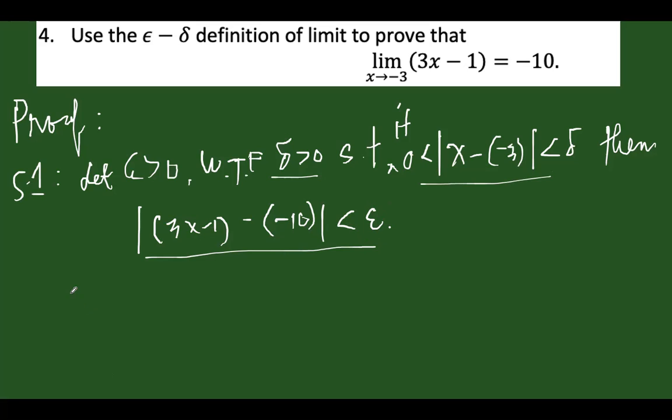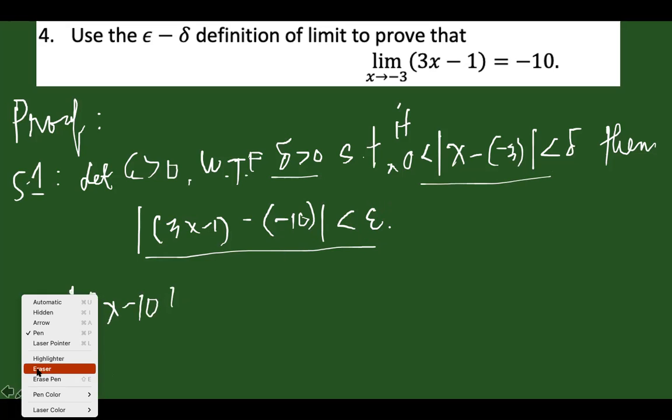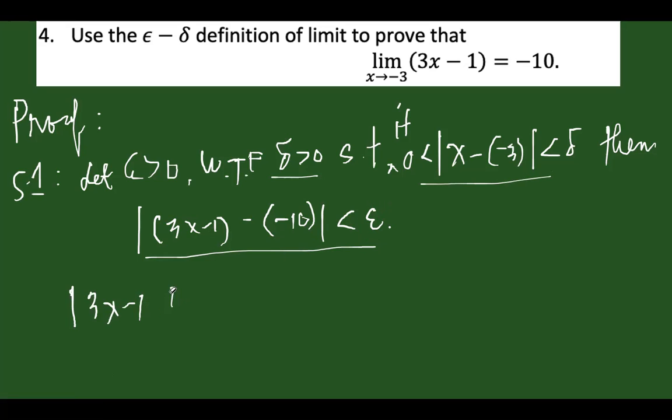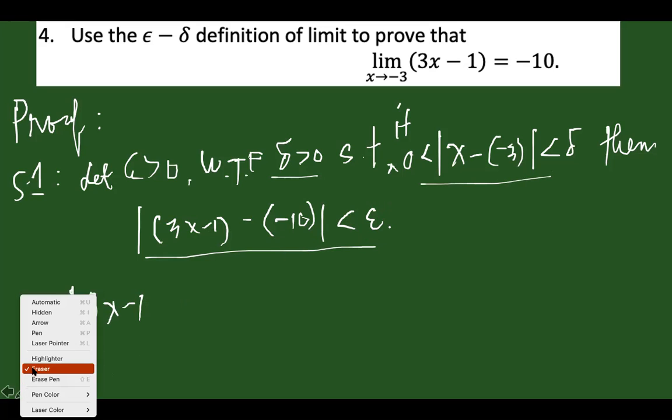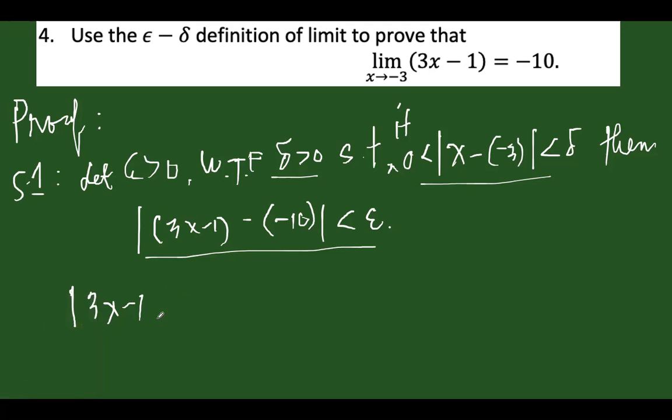We have the absolute value of 3x minus 1 plus 10 is less than epsilon, correct? And let's simplify. 3x plus 9 is less than epsilon.